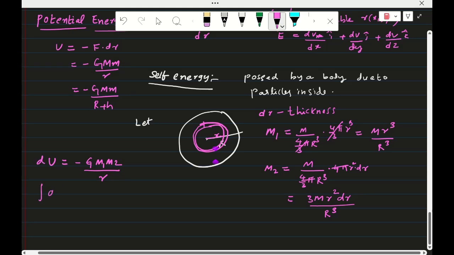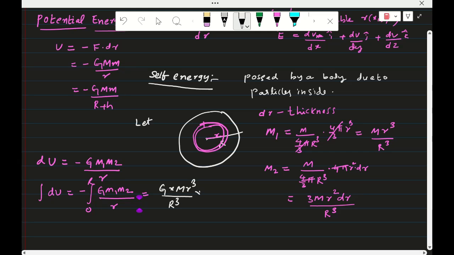Now the integral of dU is equal to minus the integral of G m1 m2 by r, from 0 to R. We substitute the values: G into m1, M r cube by R cube, into m2, 3M r square dr by R cube, into 1 by r.